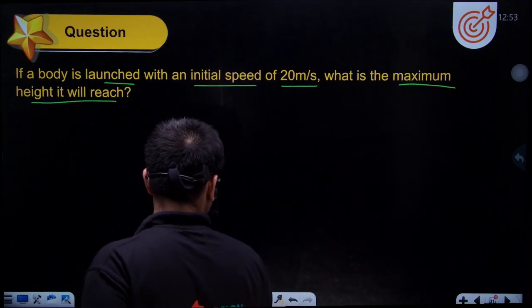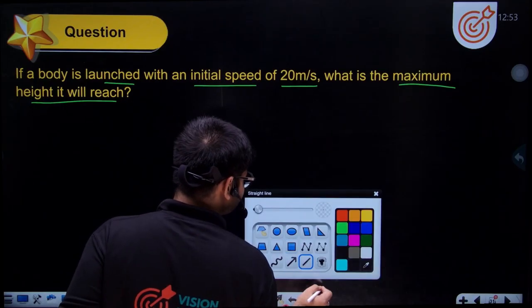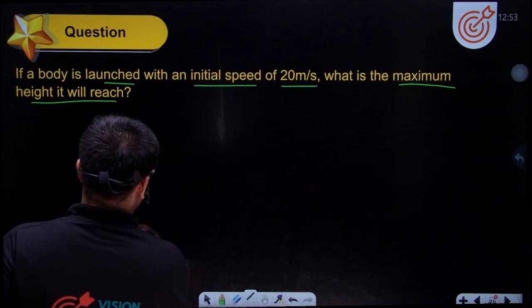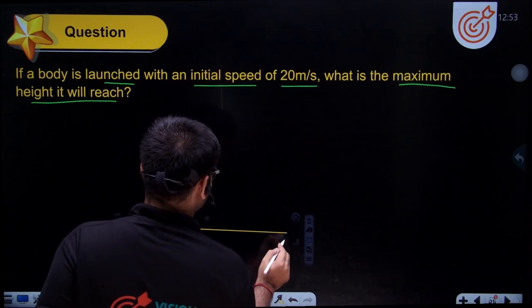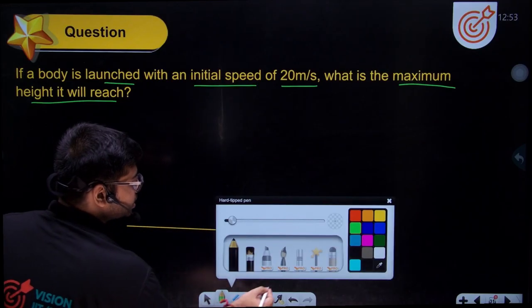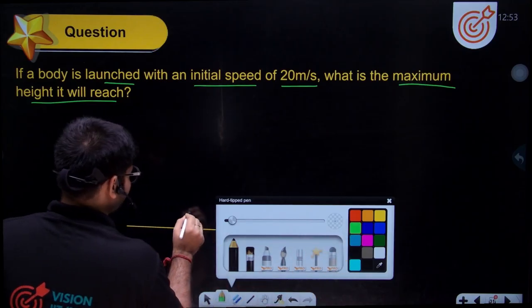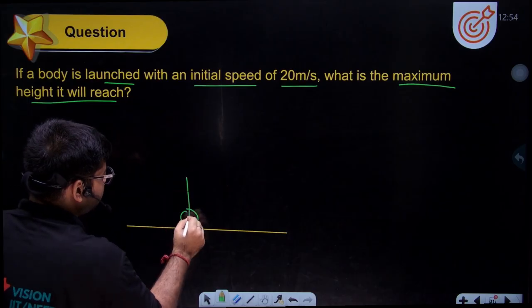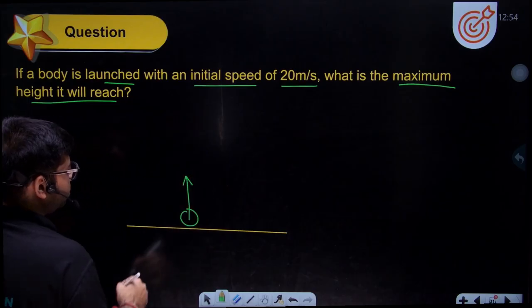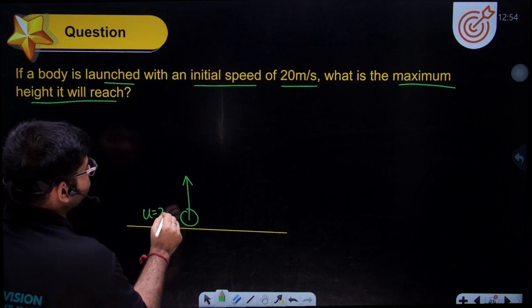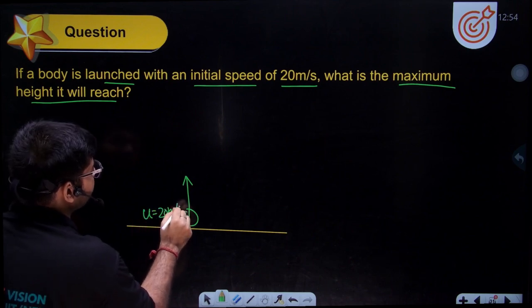So here let us see. Suppose this is the level from where I have lifted up the body. Now initial velocity u is equal to 20 meter per second. This is u.